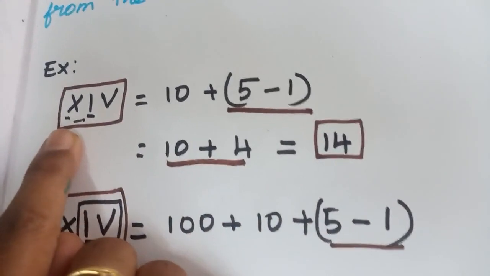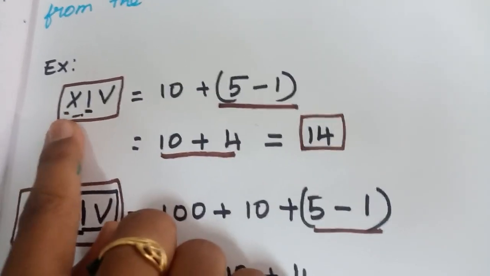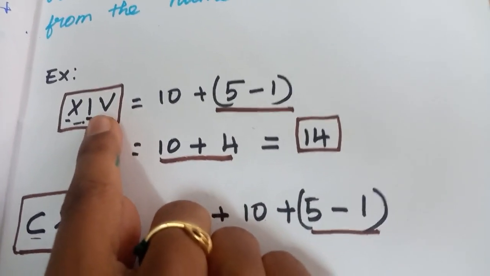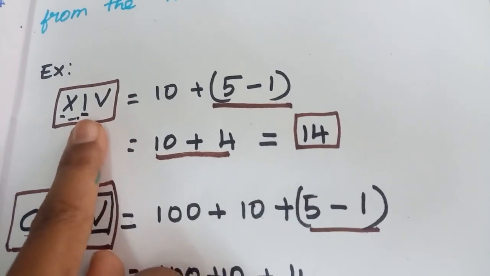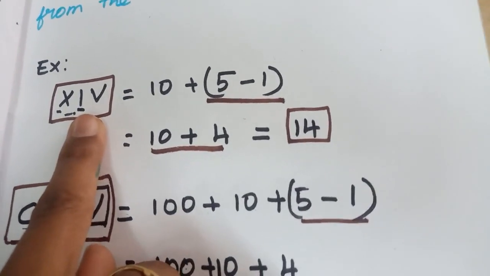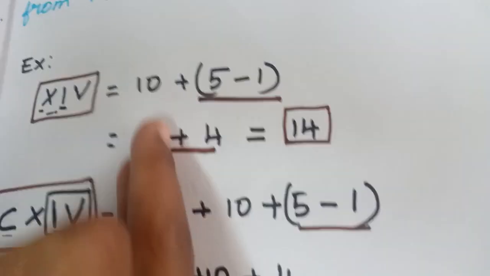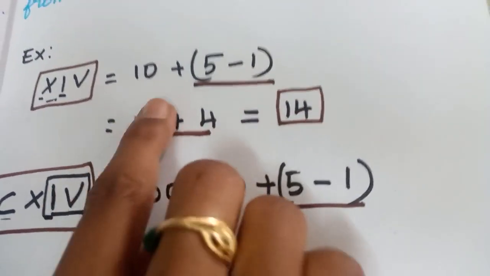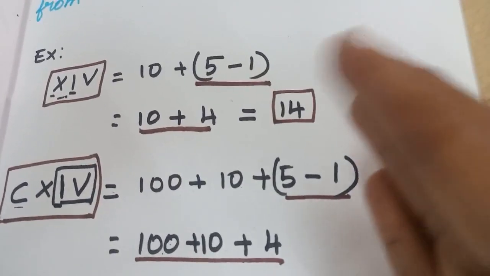So see, if you see Roman numerals, first you have to write the numbers. So first one is 10, plus, so see here I, next one is 5. So what is the rule here? It is rule number 3, because the smaller numeral occupies the left side of the greater value. So you have to use the subtraction process. First you subtract from the greater value.